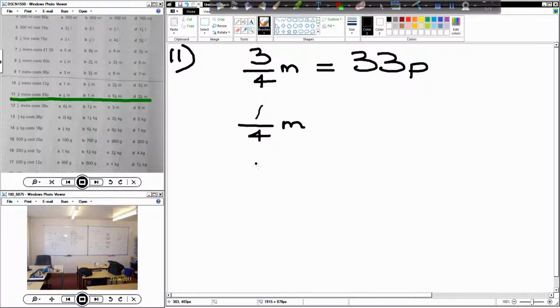Then it is 1 meter. And then it is 5.5 meters. Then 2 1/4 meters.